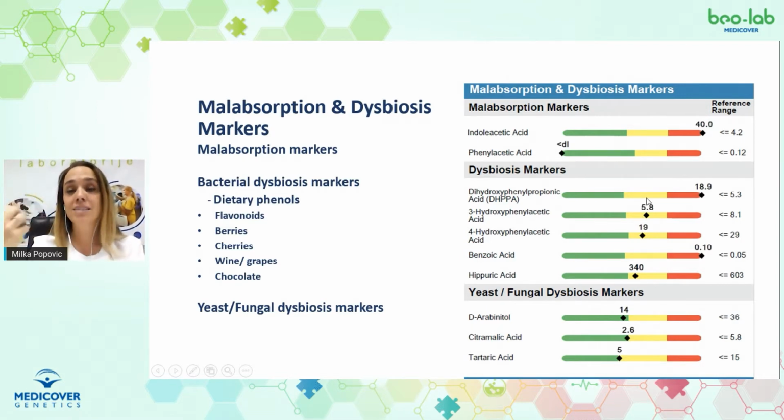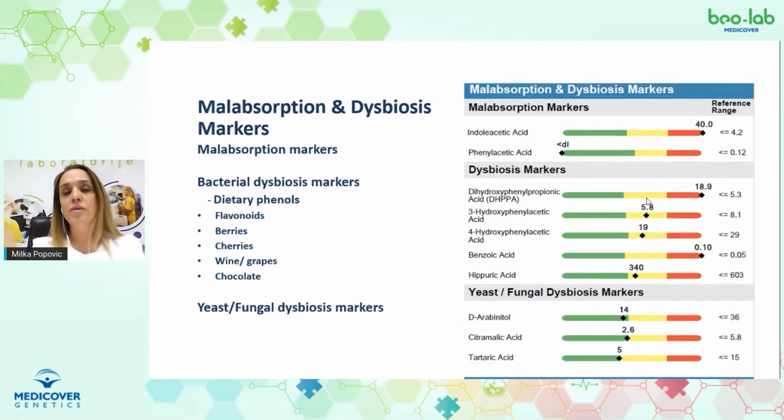They are the products produced by the bacteria in the digestive tract, and so if there is a higher level of them, we can suspect that there is a problem at the level of the colon or the digestive system. But we need to make sure, because if one isolated marker is high, it doesn't mean that it's a case of dysbiosis. The same bacteria living in the gut metabolize phenols contained in the food that we eat, and can also produce some of these metabolites.